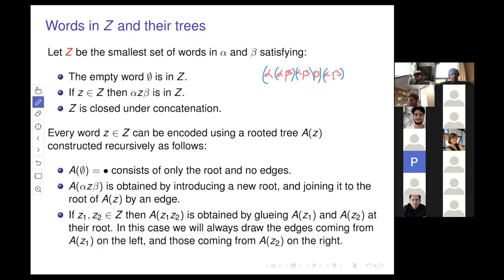Again, it gives you some special words in this alphabet. And what Lascoux and Schützenberger do is they think of such a word as a rooted tree. And the way you construct the tree is, well, for the empty word, the tree is just one vertex.